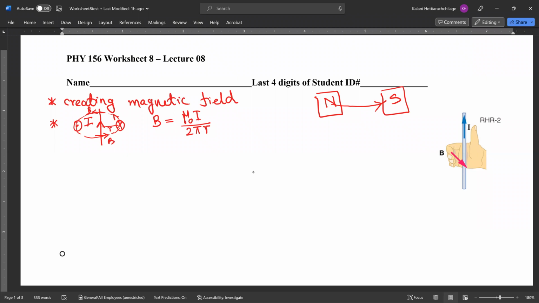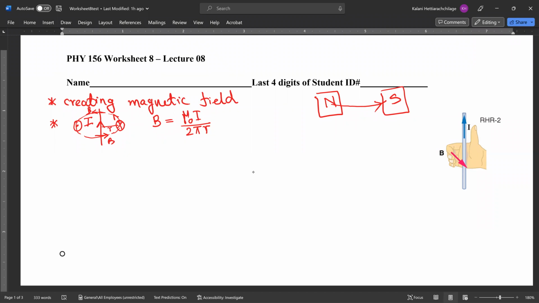Now you see that when r is greater, since it is in the denominator, the field gets weaker and weaker as you go further away from the wire. It is strongest closer to the wire, and further away it gets smaller. So that is how we calculate the magnetic field from the wire.